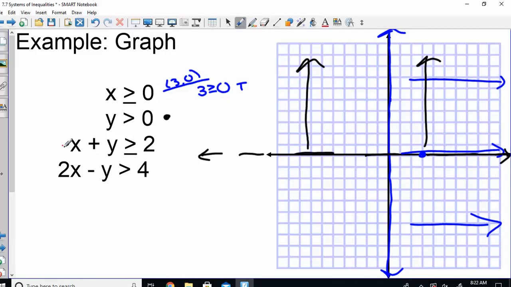Okay, the next one. This is linear, so what do I do? So y-intercept of 2, slope of -1, solid or dashed? Solid.